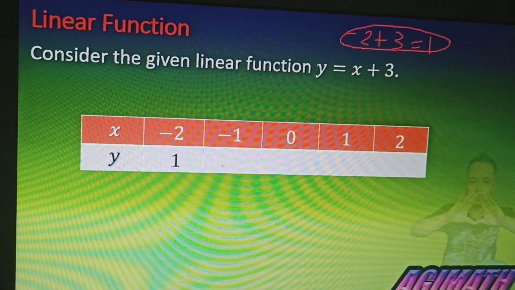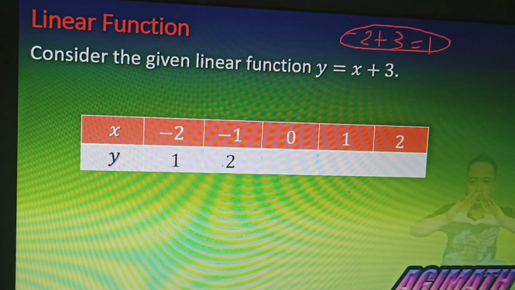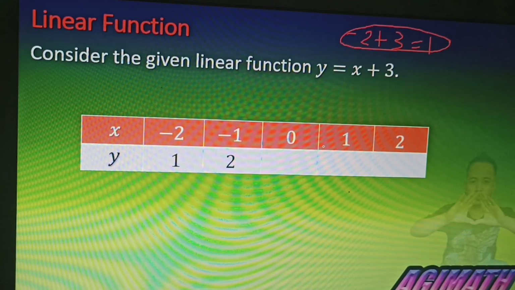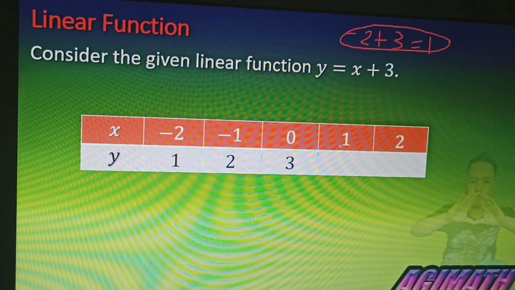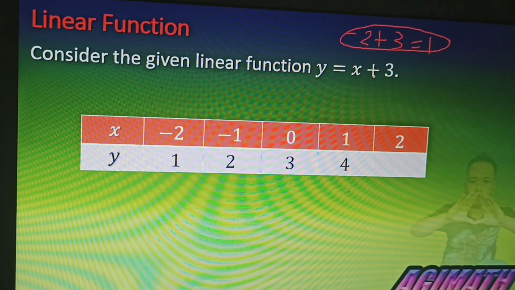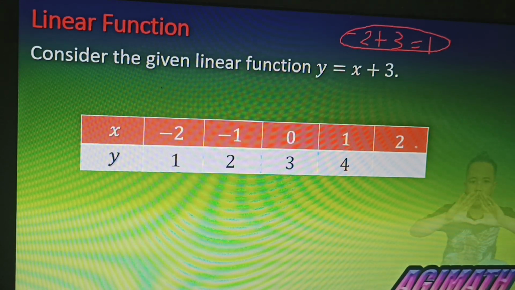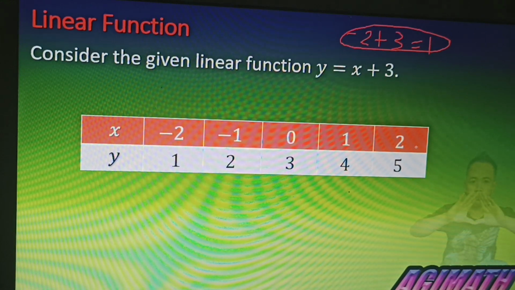If x equals negative 1, negative 1 plus 3 is equal to 2. If x is equal to 0, 0 plus 3 is equal to 3. If x is equal to 1, 1 plus 3 is equal to 4. If x is equal to 2, 2 plus 3 is equal to 5.